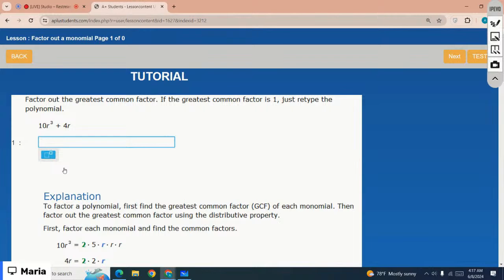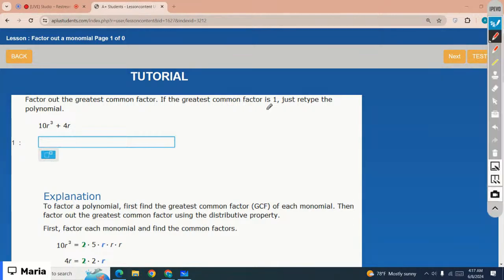Find the greatest common factor. If the greatest common factor is 1, just retype the polynomial. So basically, you are given 10r cubed plus 4r, right? When you write down 10 as prime factors, they are 2 times 5 times r times r, plus you can write 2 times 2 and r.